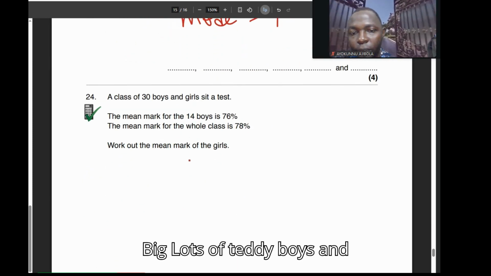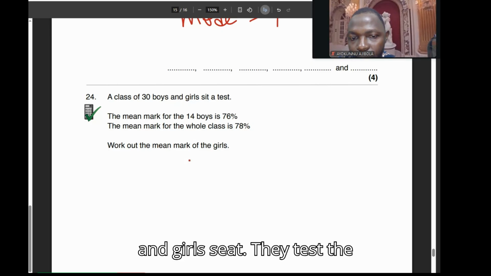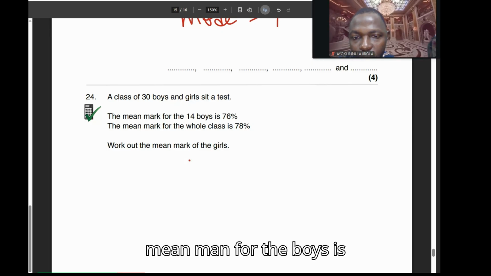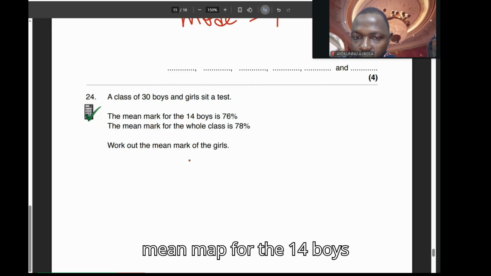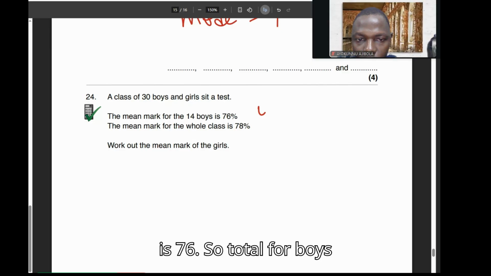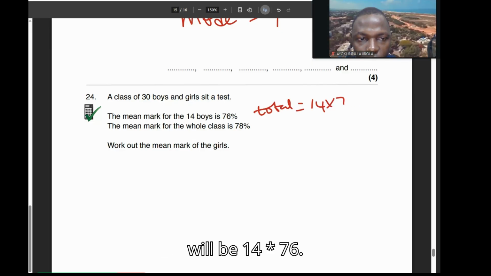A class of 30 boys and girls sit a test. The mean mark for the 14 boys is 76. So total for boys will be 14 times 76.